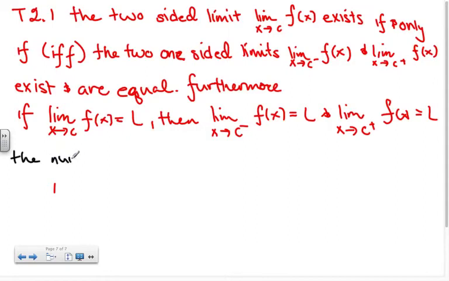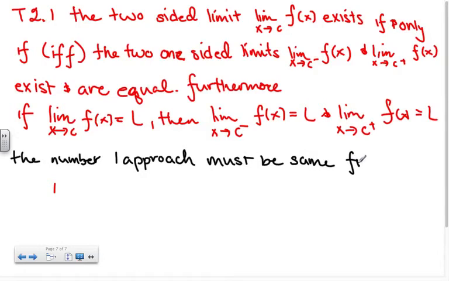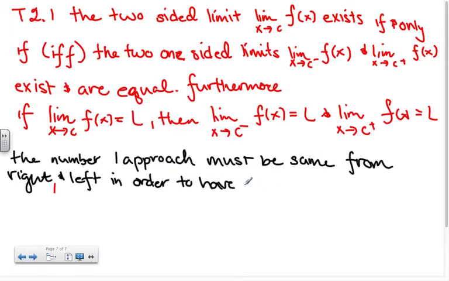The number I approach must be the same from the right and the left in order to have a limit. Otherwise, it does not exist.